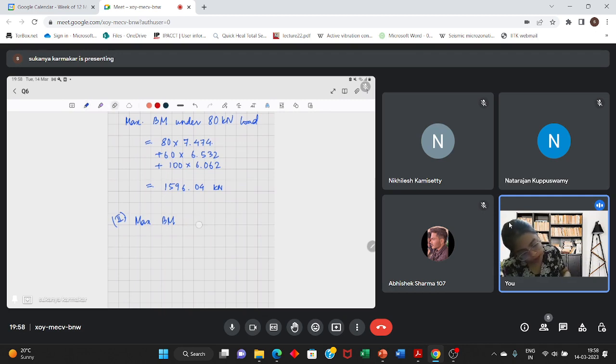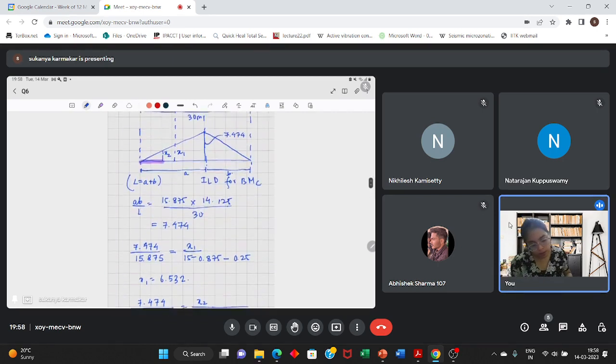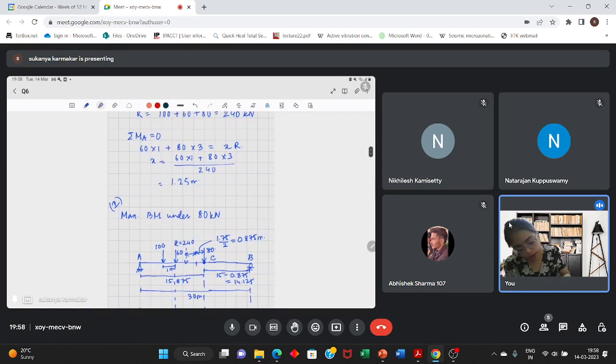Maximum bending moment at a point where 60 kilonewton load is acting.